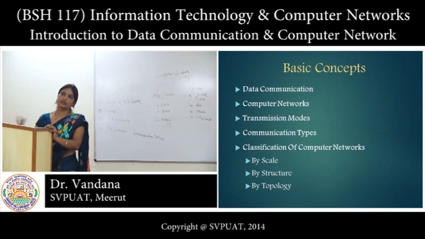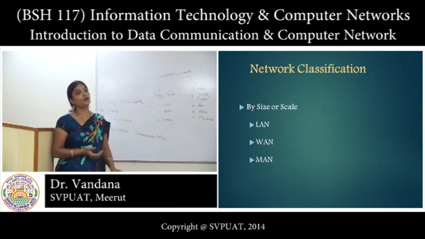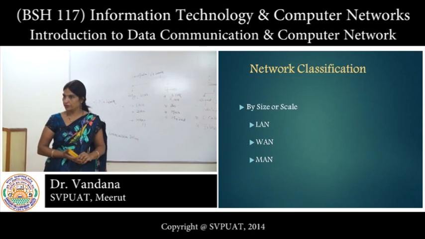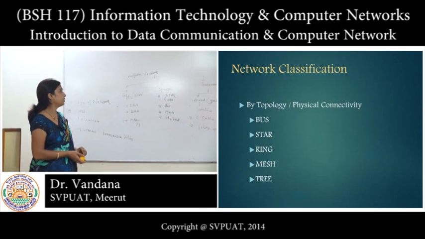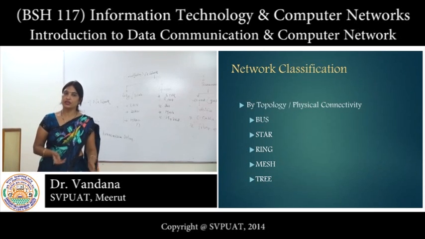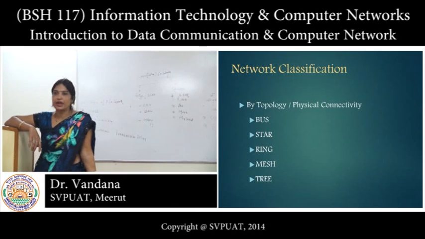Today we have learned the types of network based upon size, like it can be categorized into local area network, wide area network, metropolitan area network. Network can be classified by the type of topology they are using. That can be star, bus, ring, or mesh.